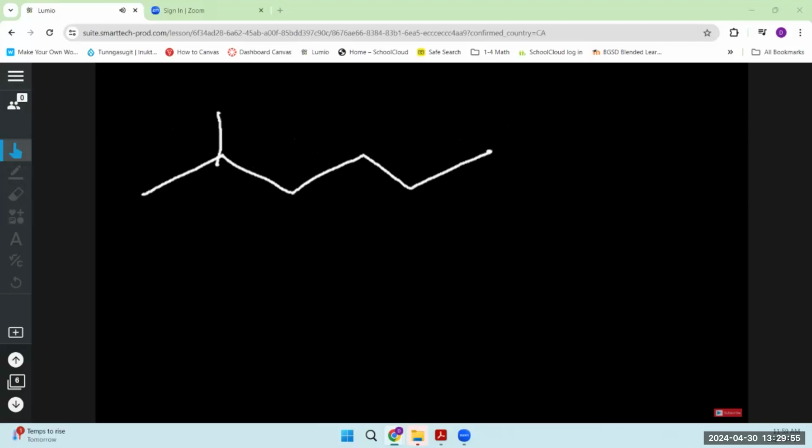Try this example. Now, if we count it from the left, the alkene will be on carbon 3. If we count it from the right, it would still be on carbon 3. However, if we count from the right, the methyl will be on carbon 5, and if we count it from the left, the methyl will be on carbon 2.